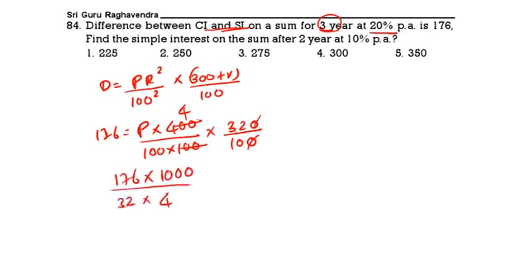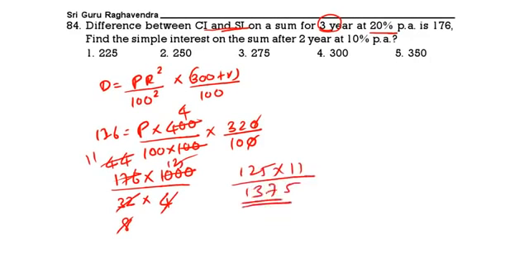This is what we should calculate. See, 4 4s 16, again 4 4s, 4 11s, 4 8s, 8 1s, 8 125. So 125 into 11 is 1375. This is the principal. Principal 1375.